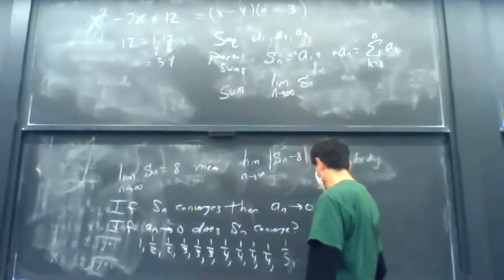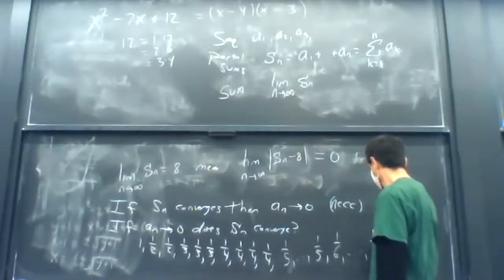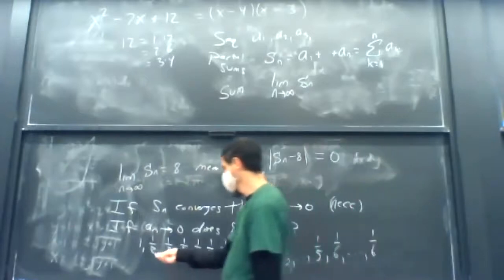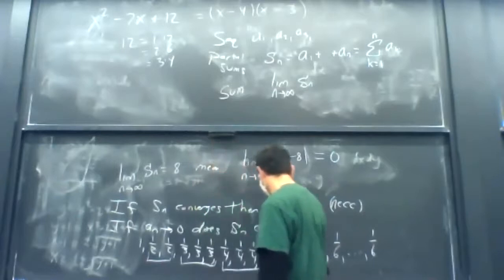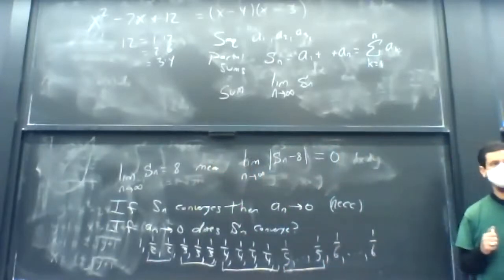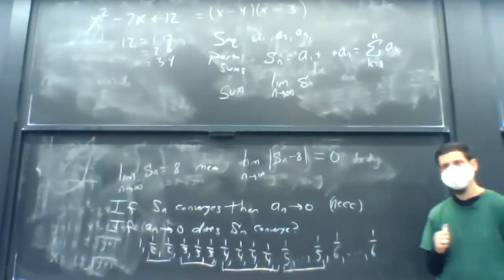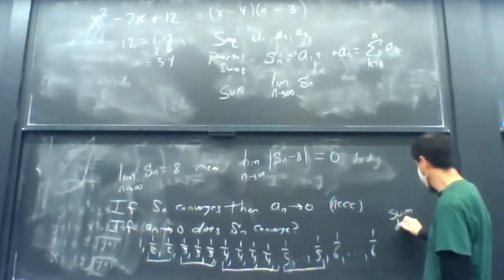And after that, what comes next? And notice that the sum of the 1/2's is 1, the sum of the 1/3's is 1, the sum of the 1/4's is 1, the sum of the 1/5's is 1. What's going to be true about this sum? It diverges. So the sum diverges.